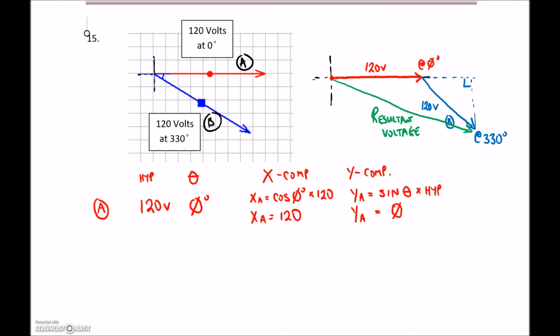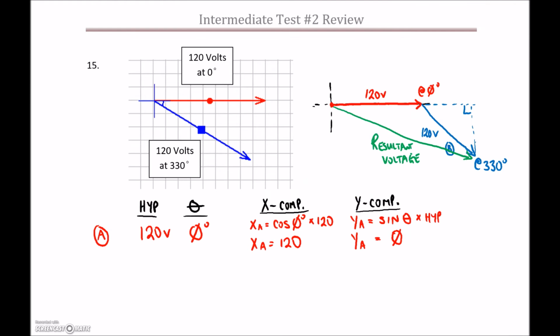Okay, that will do our second vector. So next vector, guys, we'll just label this one B. The next vector is also 120 volts, but the angle is 330. Keep the angle at 330, and we'll see what that does to our positives and negatives. We can see here that this should be a positive x value, and because this is below the x-axis, this should be a negative y value for the components of that vector.